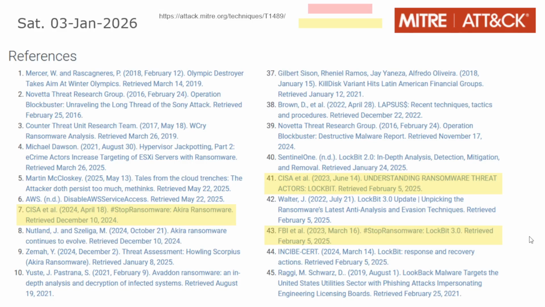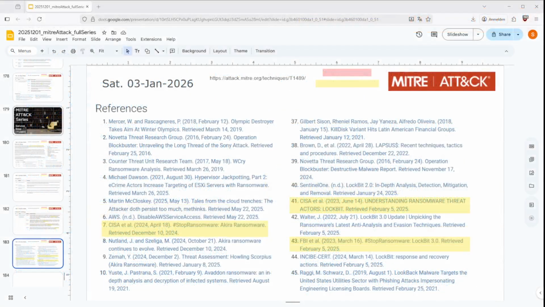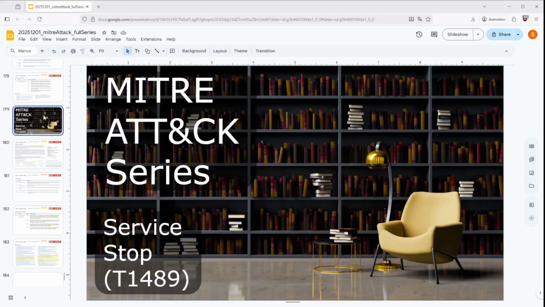The NSA works under the law too, by the way, but they are more secretive. Anyways, CISA and FBI, that's good educational content, and we will look into this. Yeah, so far so good. That's a quick little 15-minute video.